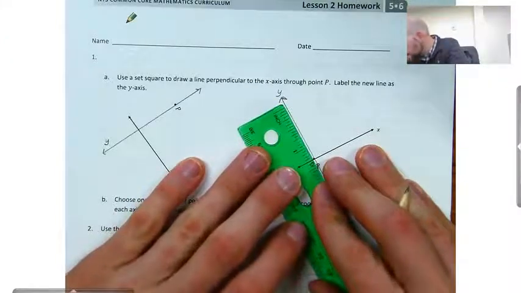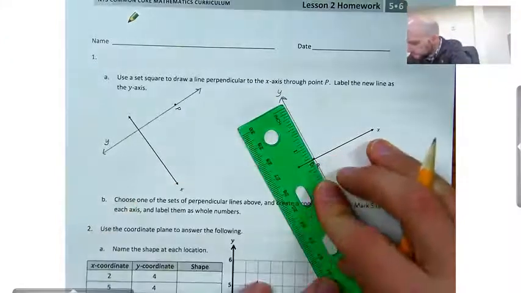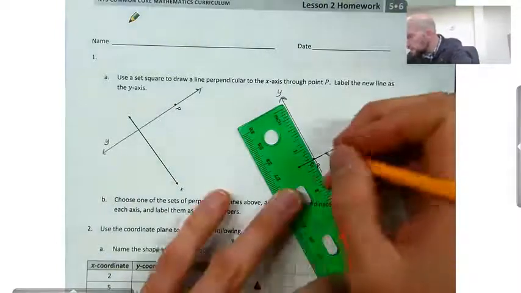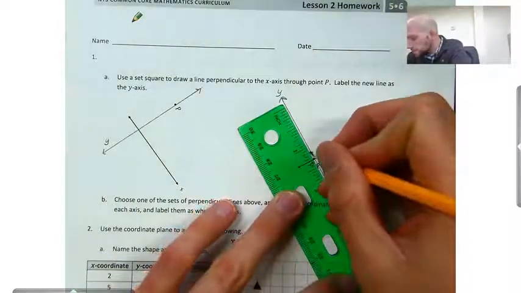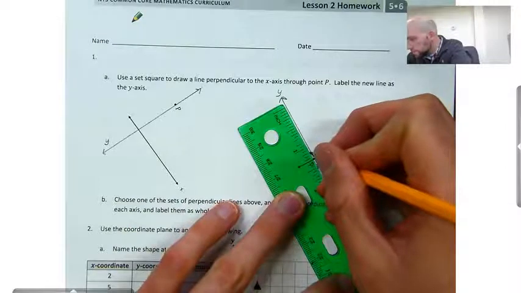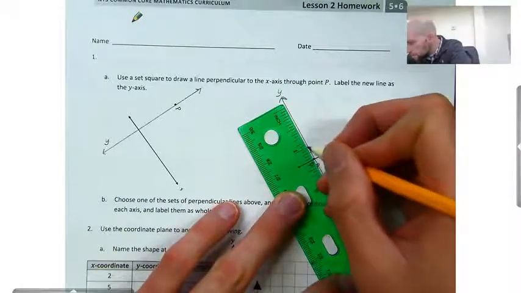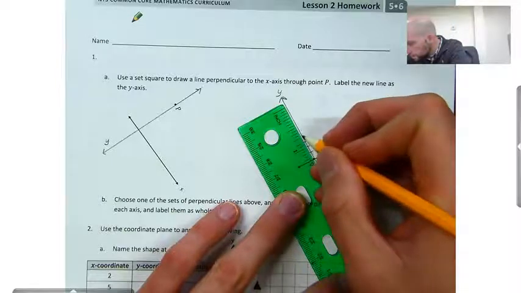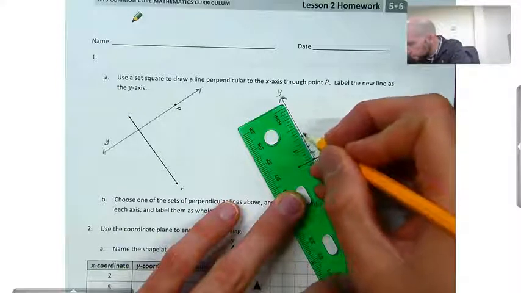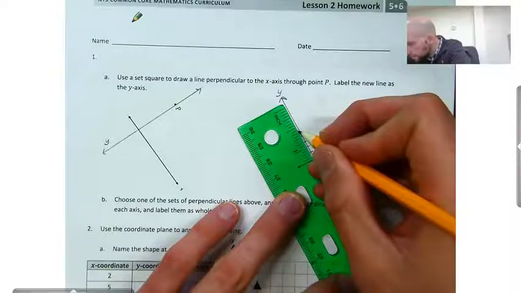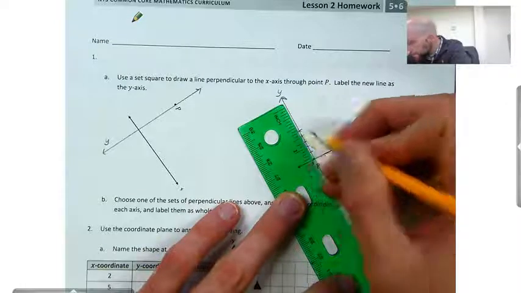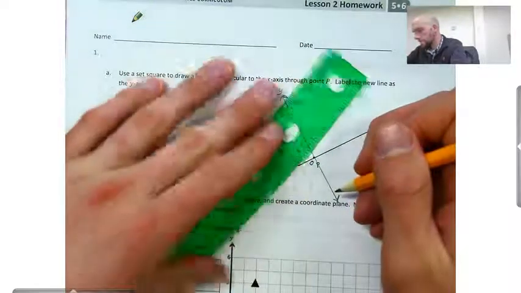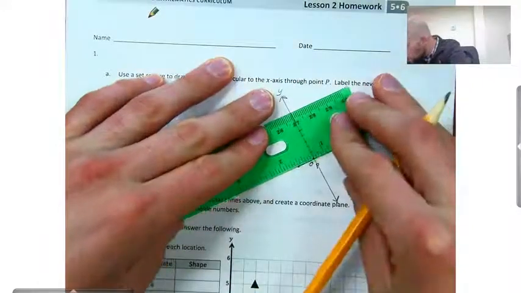And we'll need 5 units on each axis. 1, 2, 3, 4, 5. And the same thing on the x-axis here.